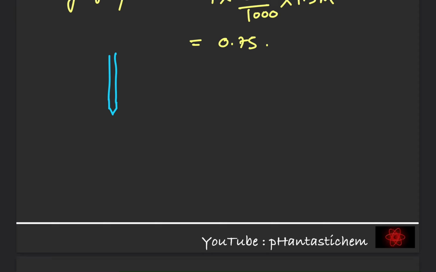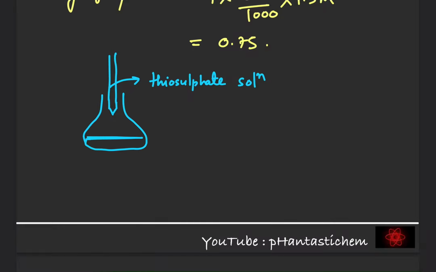So we will have the burette, which contains thiosulfate solution, and in the flask we'll be having the iodine solution, and we add starch as an indicator, so it's a dropper. Okay, so we have one information that the gram equivalence of iodine in the iodine solution is 0.3.